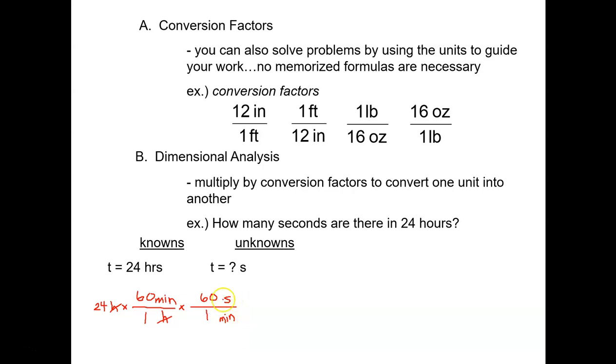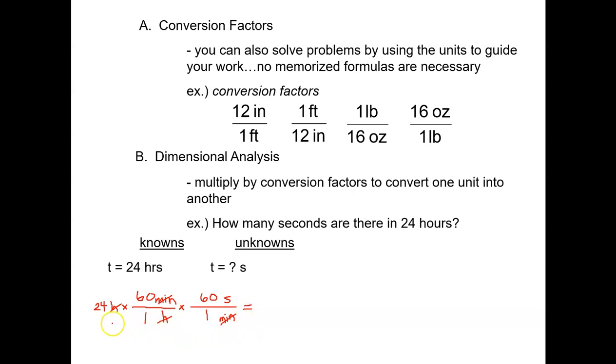Now again, I have a conversion factor. There's the units that are the same. 60 seconds is the same as 1 minute. And I put minutes on the bottom because minutes was on the top over here, and I need the unit minutes to go away and to cancel. When I'm done with this setup, with this work that I'm showing, I should only have one unit left, and that is the unit I'm looking for, which is seconds.